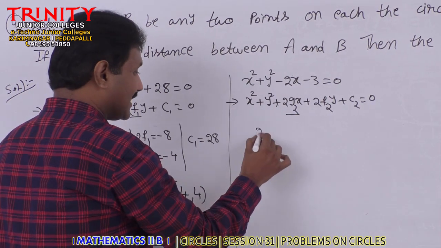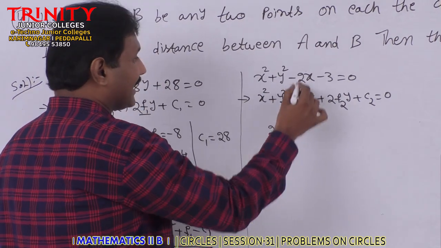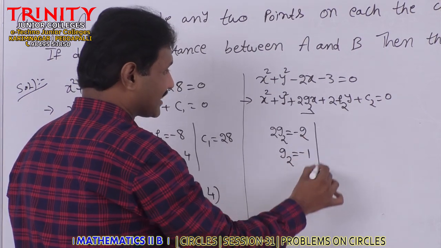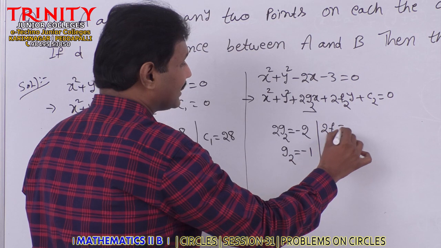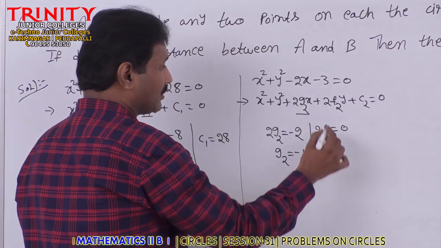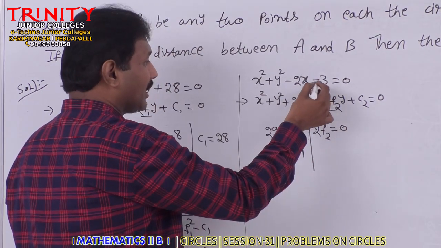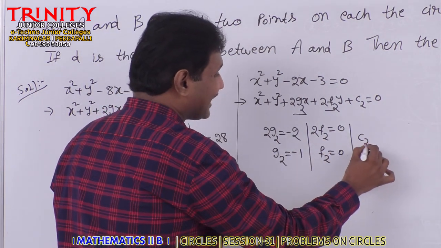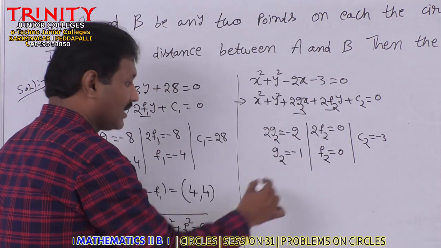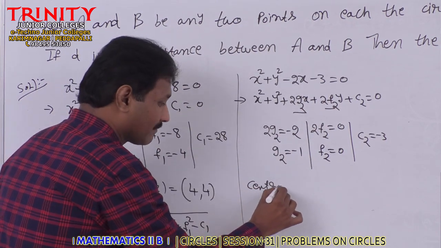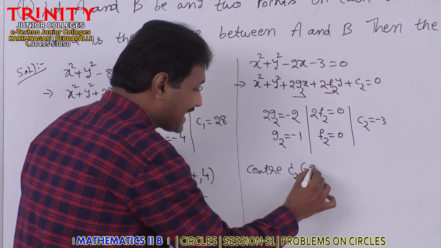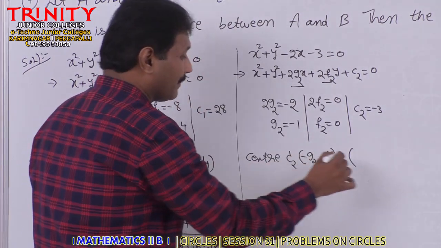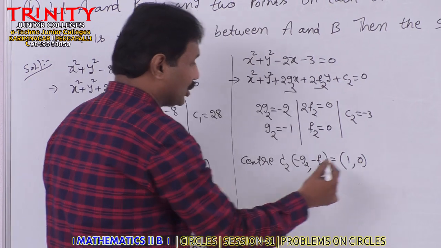Here the x coefficient is 2g2 = -2, so g2 = -1. There is no y term, so f2 = 0, and c2 = -3. The center of the second circle is (-g2, -f2), which is (1, 0).